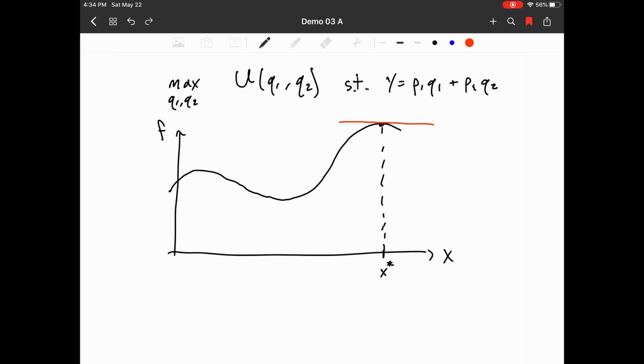But we also can pick up other points on the function which also correspond to derivatives with a value of 0. So we're going to come back to this a little bit later, how we choose which one of these three is the maximum.